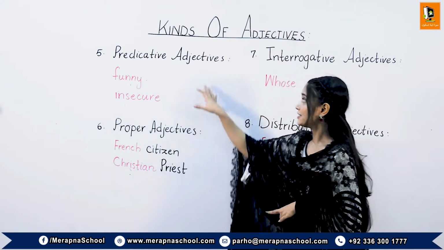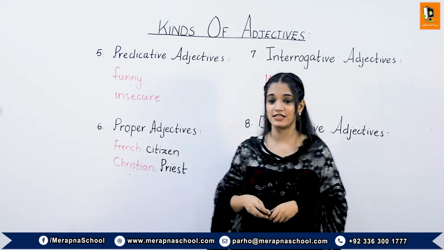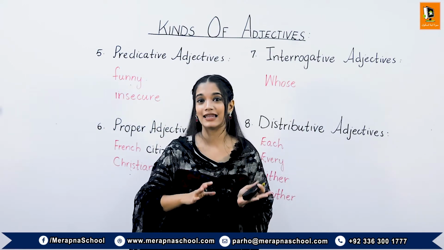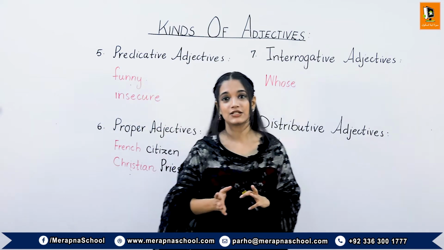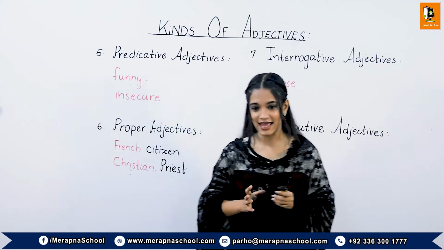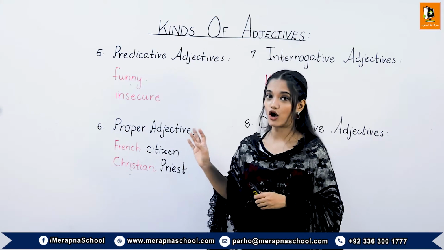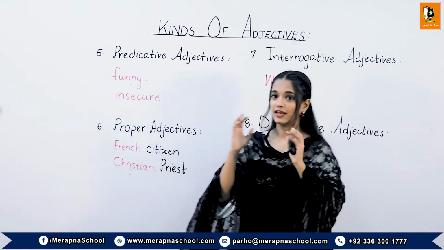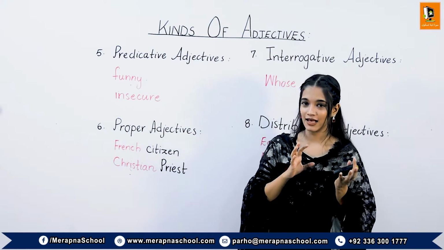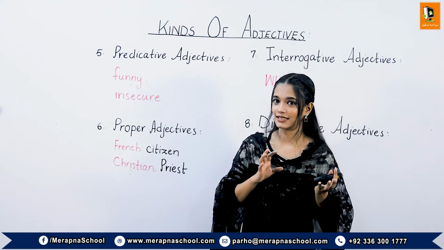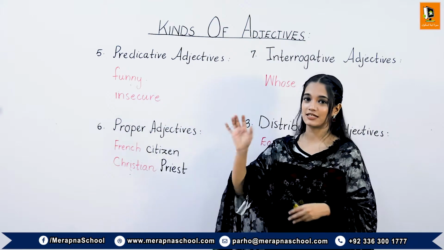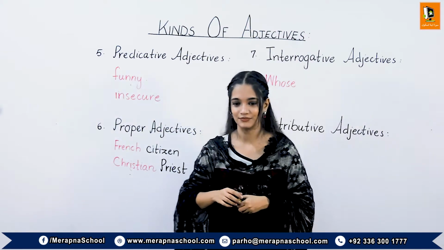And in the case of predicative adjectives, they come after a linking verb. They describe the subject of the sentence. For example, the clown was funny. In this sentence, was is a linking verb, and after that funny comes, which describes the noun clown.